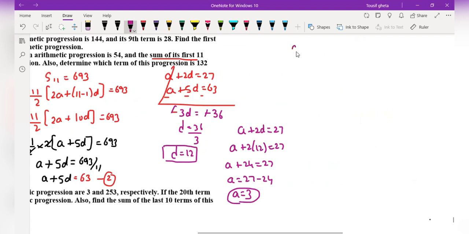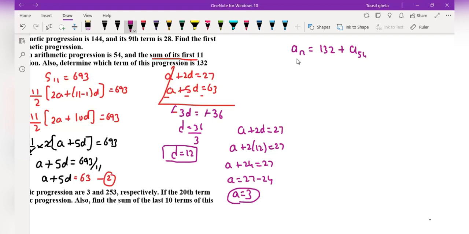So an is equal to, determine which term an is equal to 132 plus a54. Which of the term we don't know; we are finding the n value.